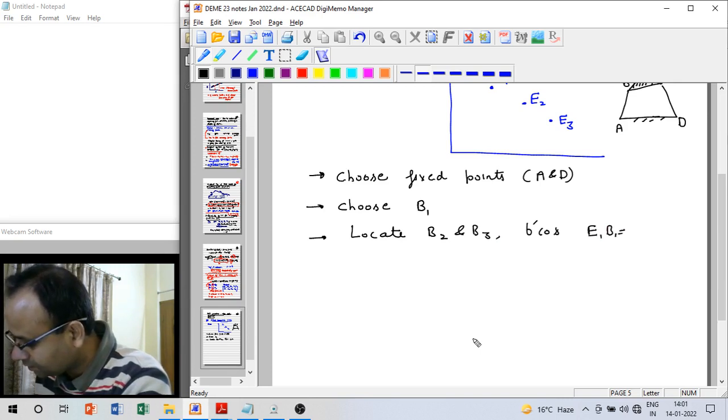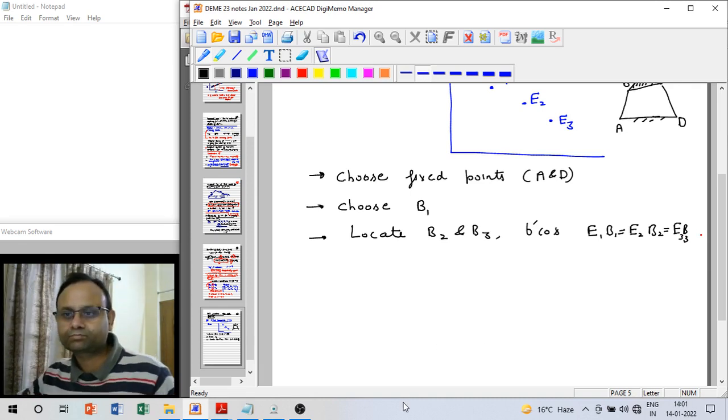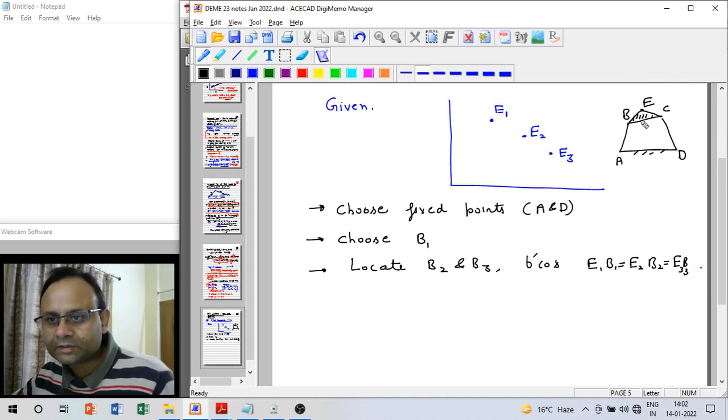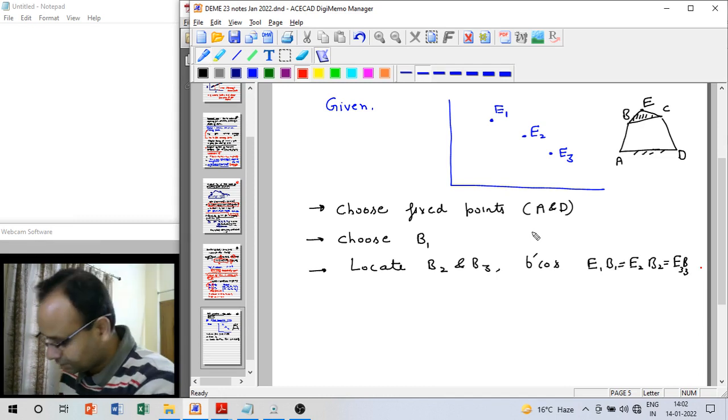Because E1B1 equals E2B2 equals E3B3. You see, this EB distance does not change because these are points on the same link. So E1B1, E2B2, E3B3, they are all same. So let us follow these steps first.